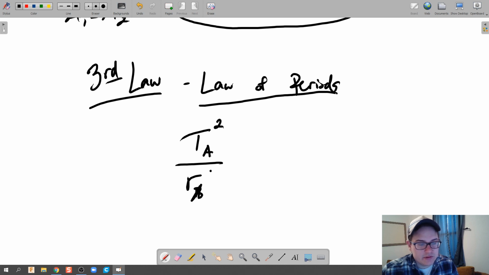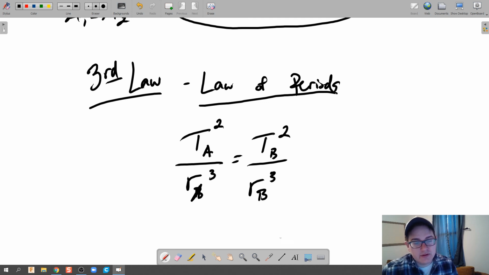So let me draw a picture and I'll explain it here in a second. The period of object A around a body is proportional to this formula, period squared over radius cubed.